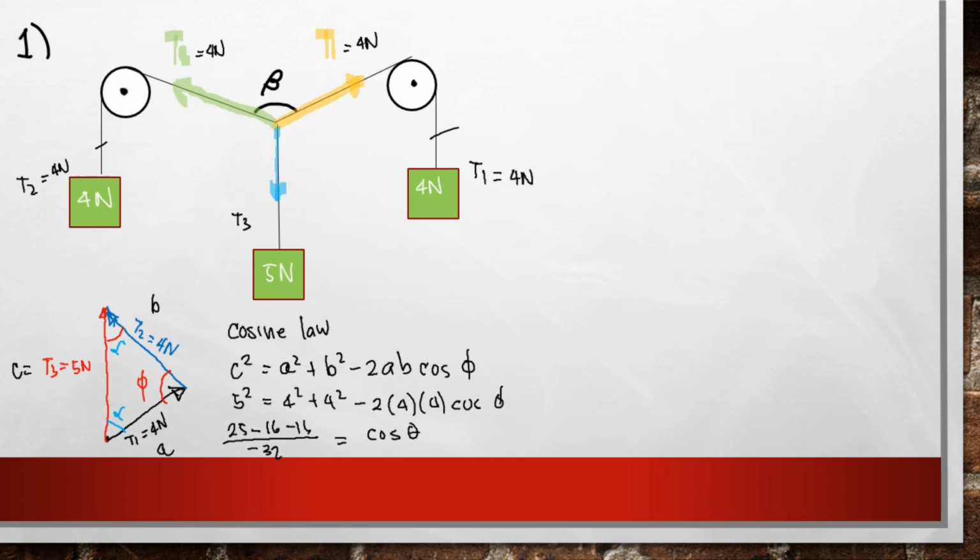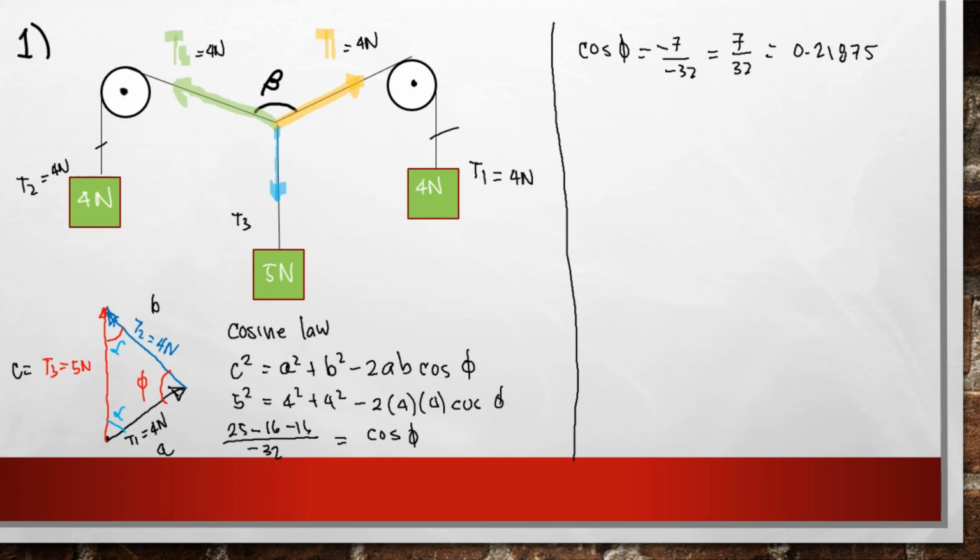Okay, so let us provide space here. So cosine of phi, wait a minute, that will be phi. This is cosine of phi. So cosine of phi is equal to negative 7 over negative 32, and that is 7 over 32. Let me try to grab a calculator. 0.21875.